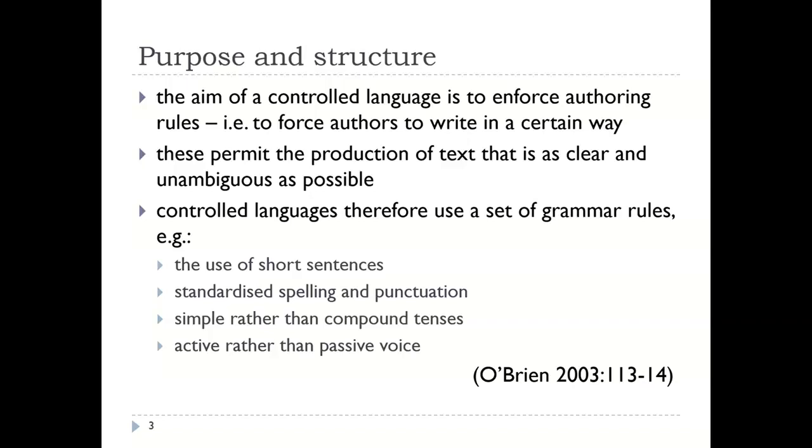Controlled language can be quite strict in terms of the rules it imposes, and typically these rules would include use of short rather than long sentences, a standardization of spelling and punctuation, a use of simple tenses rather than compound ones, and the use of active rather than passive verb forms.